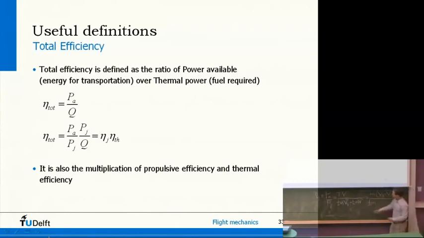And then I have Vj squared minus V squared. That's actually the same as saying Vj minus V and Vj plus V. So you can check it if you work it out. This is Vj squared minus V squared.